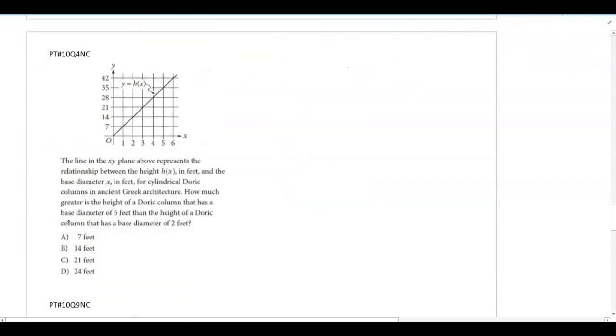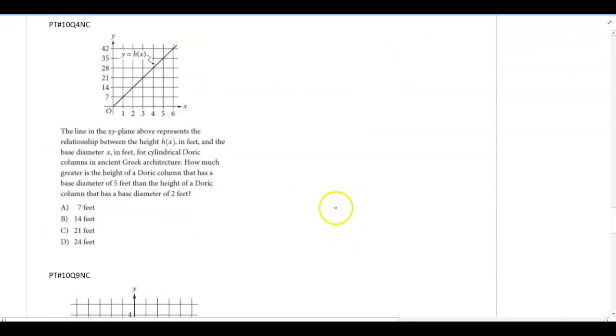Okay, the last few here. The line in the plane above represents the relationship between the height, h of x, so that's your output, and the base diameter x, so that's your x value, for cylindrical Doric columns in ancient Greek architecture. How much greater is the height of a Doric column that has a base diameter of 5 than one with a base diameter of 2?